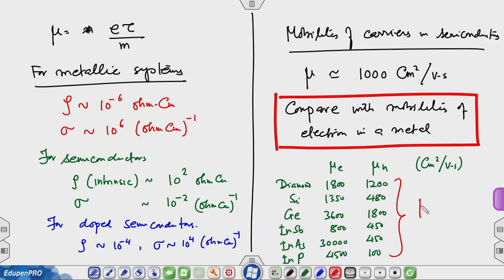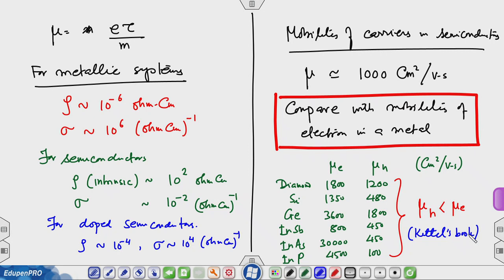Notice that mu hole is much less than mu electron in some cases, and generally less than mu electron. This is taken from Kittel's book. So, you see this is of the order of 1000, 2000 and can go as high as 30,000 for indium arsenide, and compared to metals, the mobility of electrons in semiconductors is much larger.